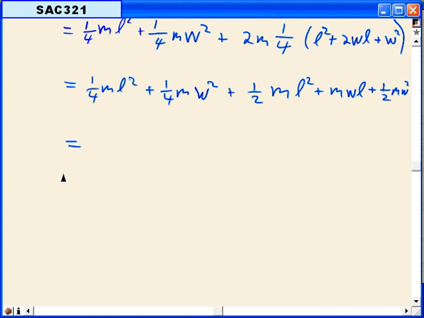Now we can gather terms, simplify a little bit. This is 1/4 m L squared plus 1/2 m L squared. That's 2/4 m L squared. So I get 3/4 m L squared, plus I got 1/4 m W squared and a half. So same kind of thing. 3/4 m W squared. That's these two terms. And then this is the only one left, m W L.